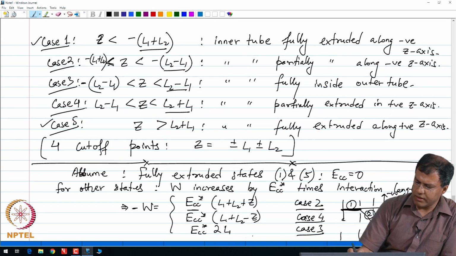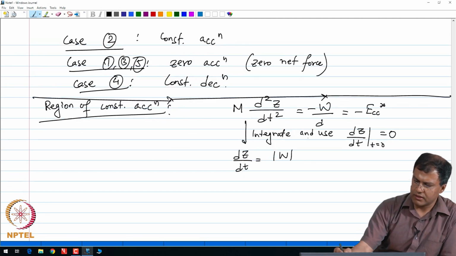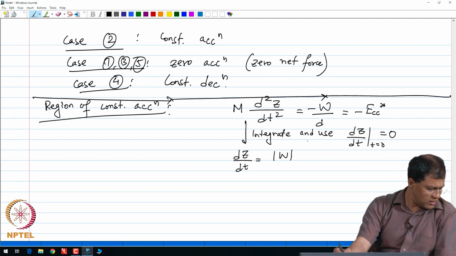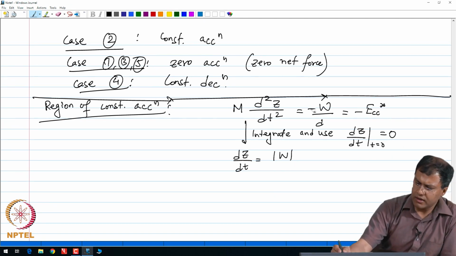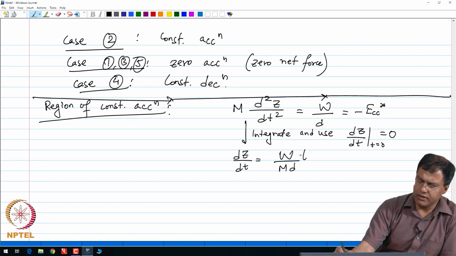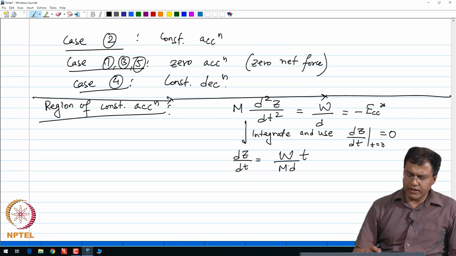Minus w is negative, so w is positive, and we can peacefully use w as a positive quantity. So I get dz dt equal to w by m d times t. That is the integration once.